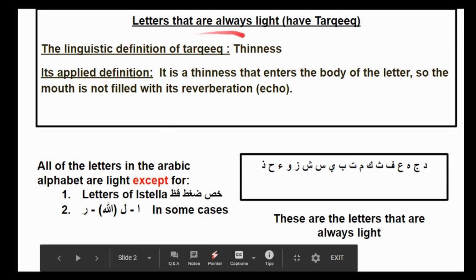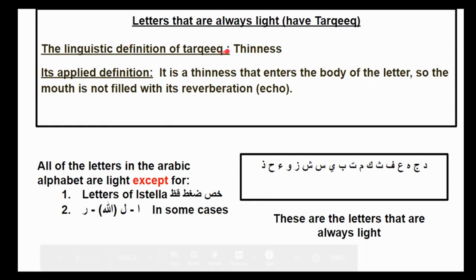So these are called the letters of Tarqeeq, and Tarqeeq means thinness, so it's the opposite of Tafkheem or heaviness. So its definition is a thinness that enters the body of the letter so that your mouth isn't filled with the reverberations or the echoes, so you don't raise the back of your tongue.